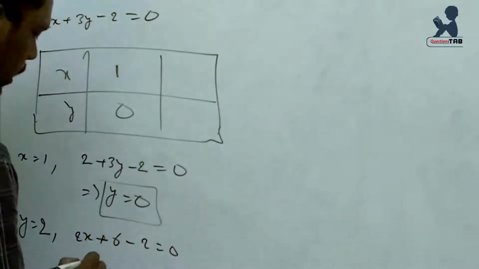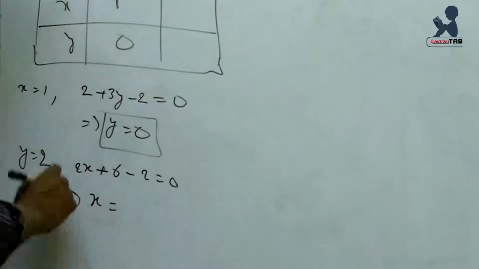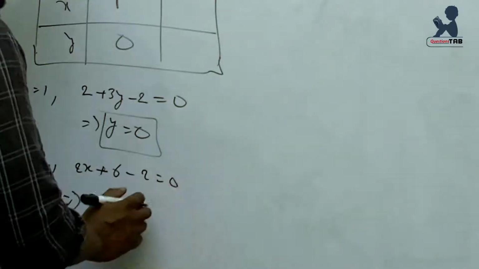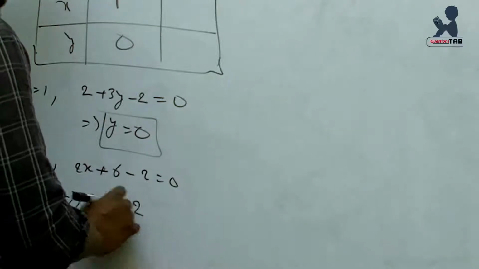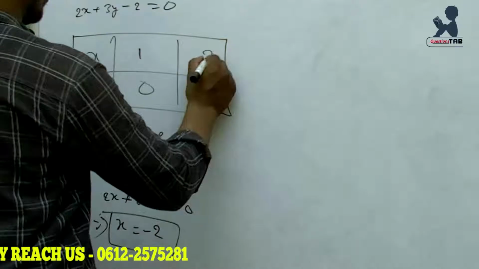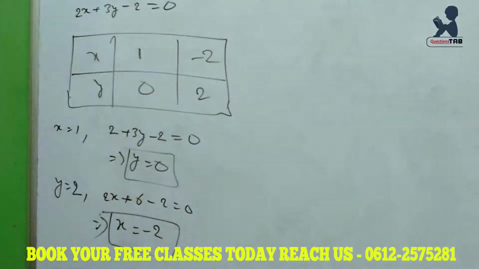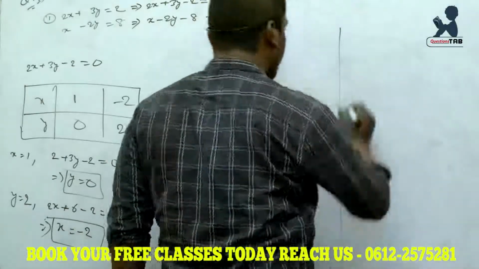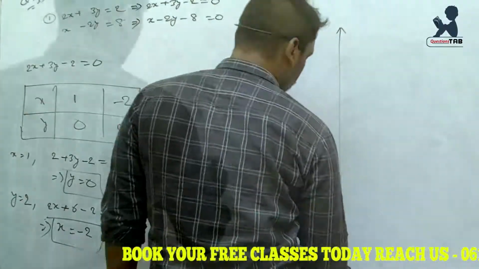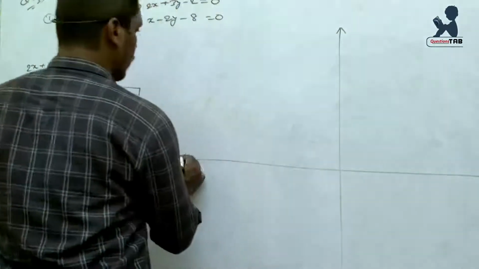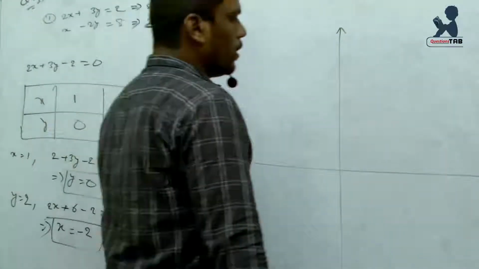So we get x equals minus 2. So for y equals 2 we get x equals minus 2. So let's represent it on graph paper.